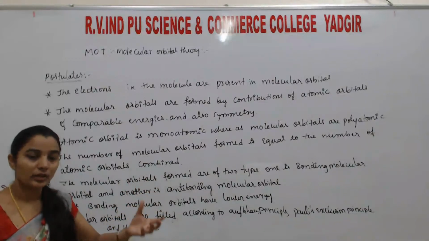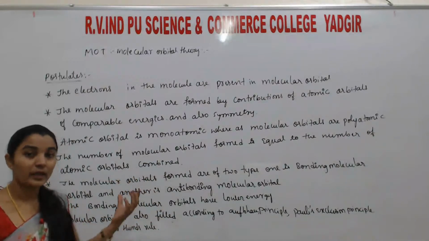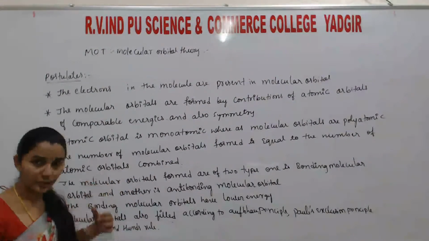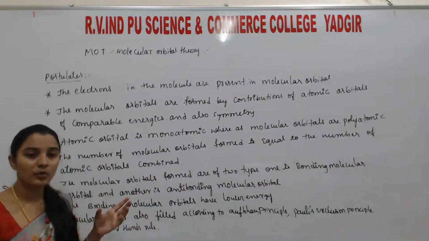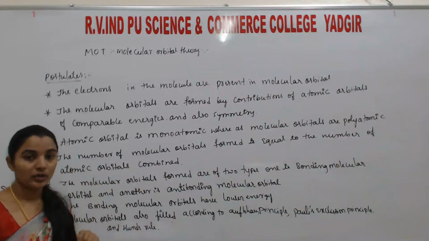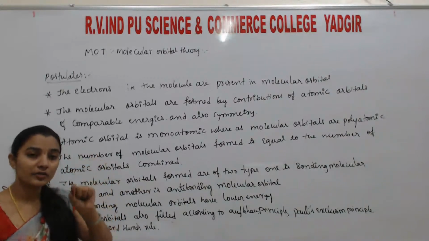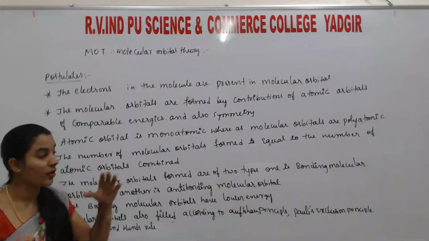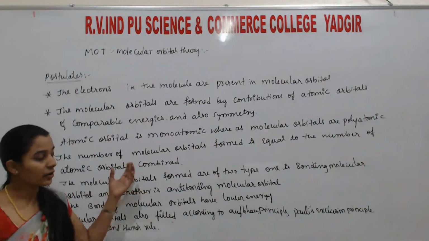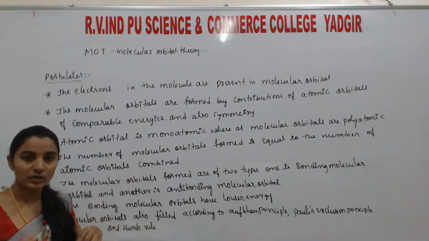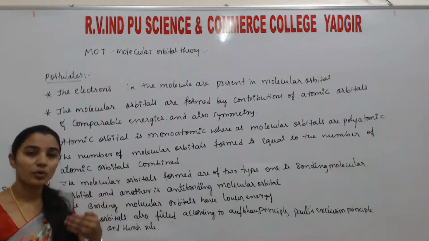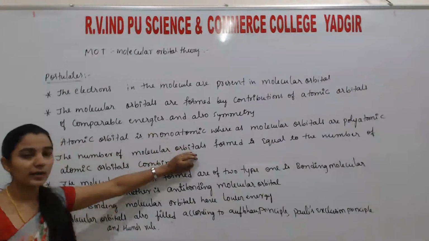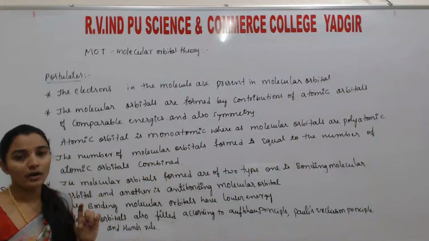In BF3, the configuration of boron. In H2O, the configuration of oxygen. So the theories we explained before depend on only one atom. The orbitals of that atom undergo hybridization, mixing to form hybrid orbitals, or the lone pair electrons share between each other and form bonds. That is what we were concentrating on, only one atom.